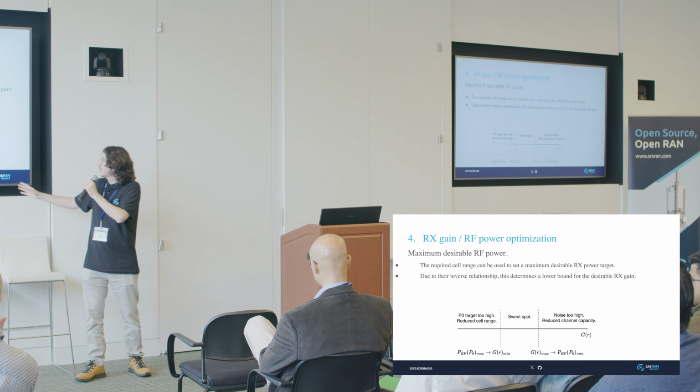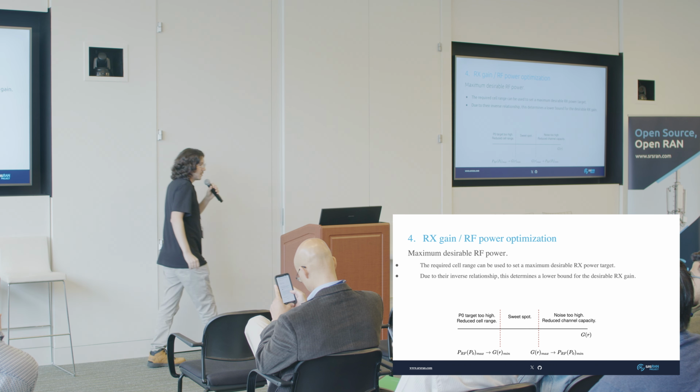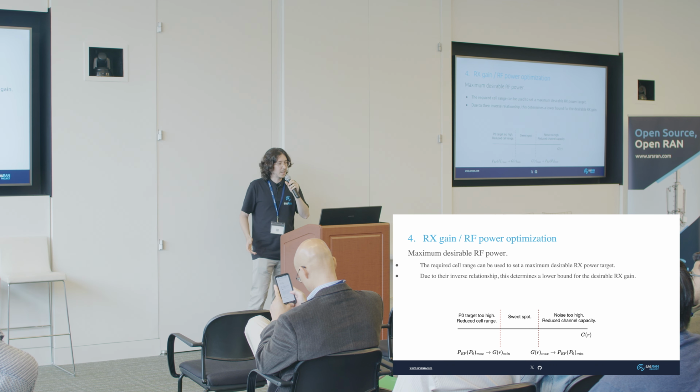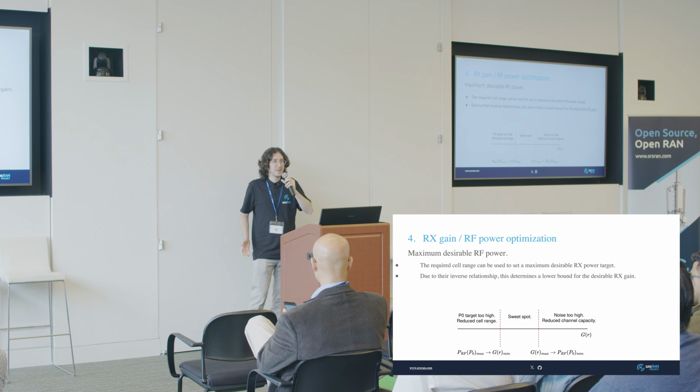Now, what about setting up the minimum desirable receive gain? Well, in this case, it makes sense to say, look, if the only thing we care about is noise and SNR, let's just put a receive gain of 0. That's fine, because then there is going to be very little noise.